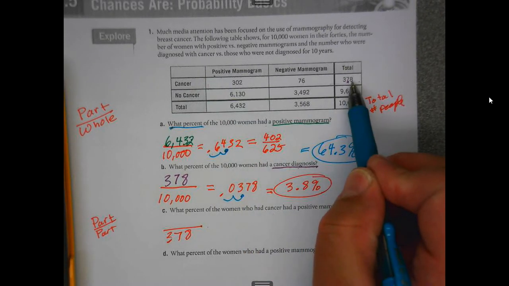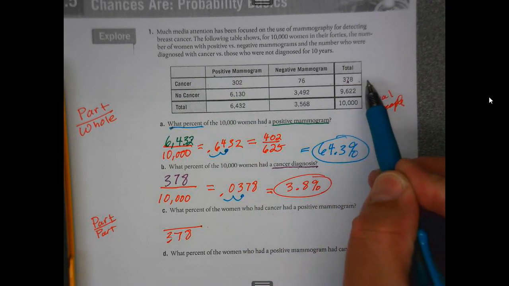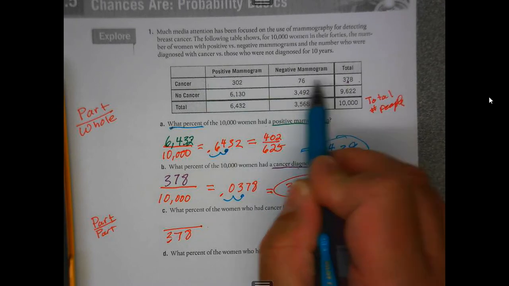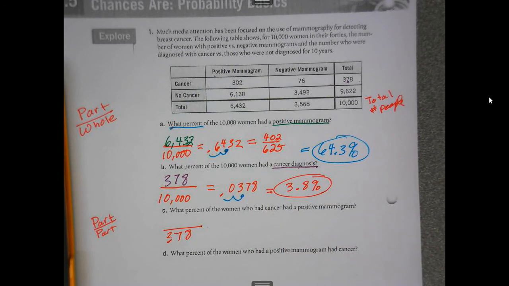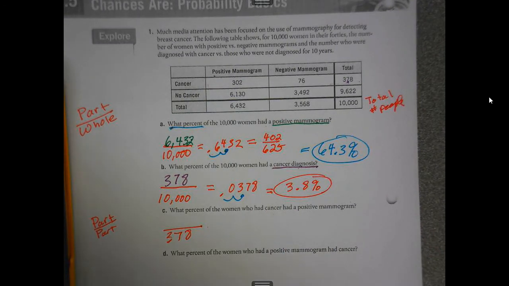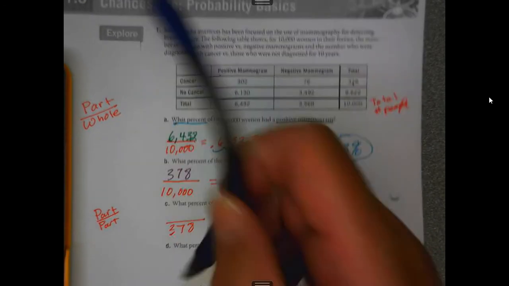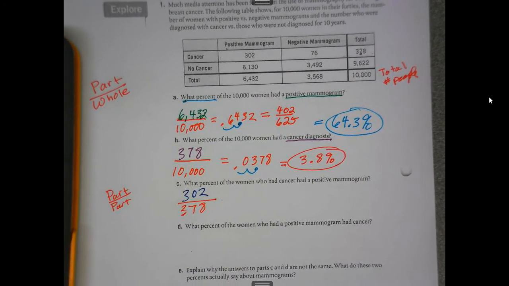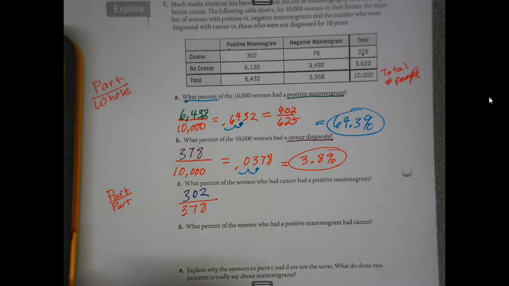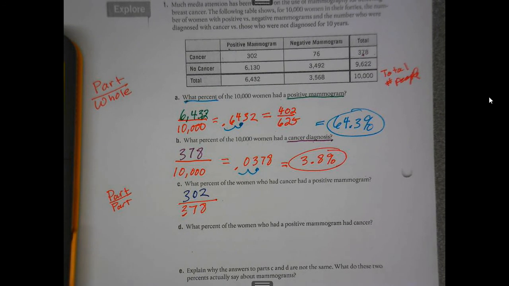All of these had cancer. The positive ones were the 302. Then I take my 302, divide it by 378, and I get a decimal of 0.79.